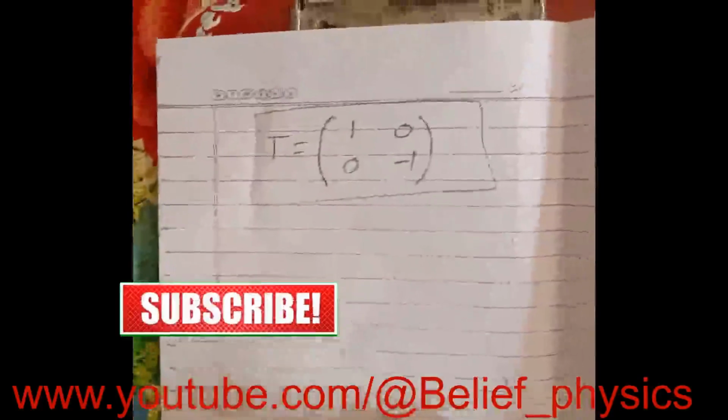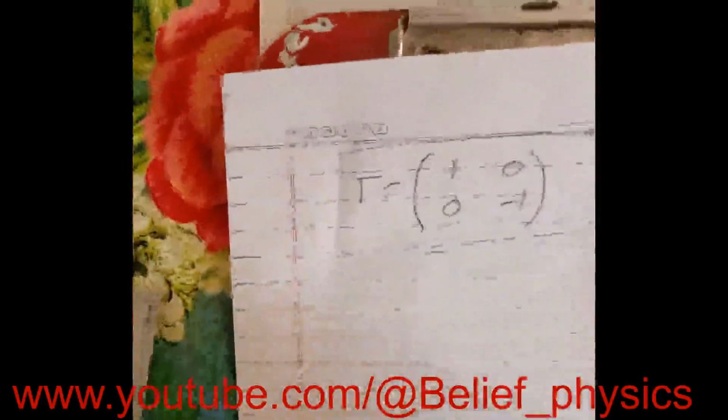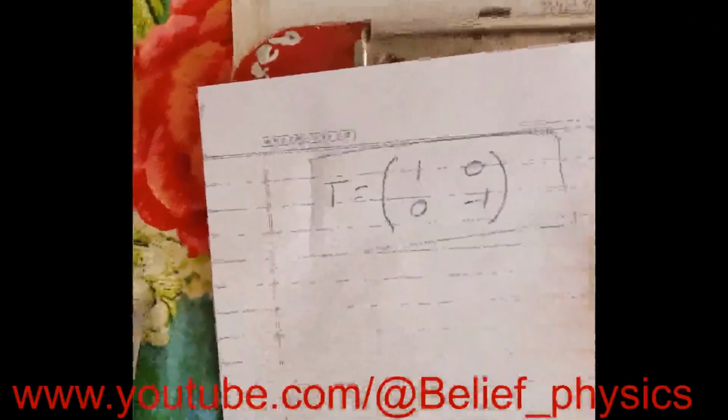We don't need to know what the transformation is. The transformation matrix to represent a transformation that maps Q onto R is 1, 0, 0, -1. So if you know this, what is this transformation?